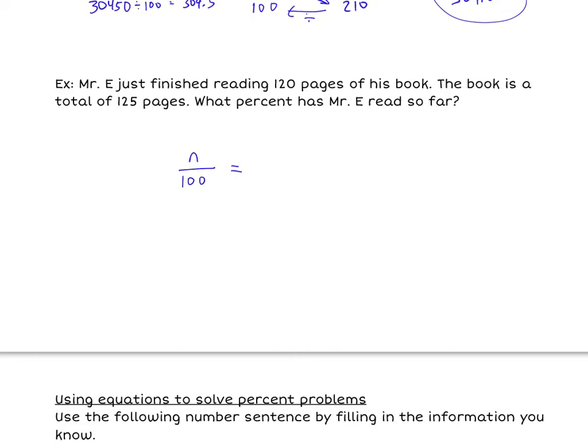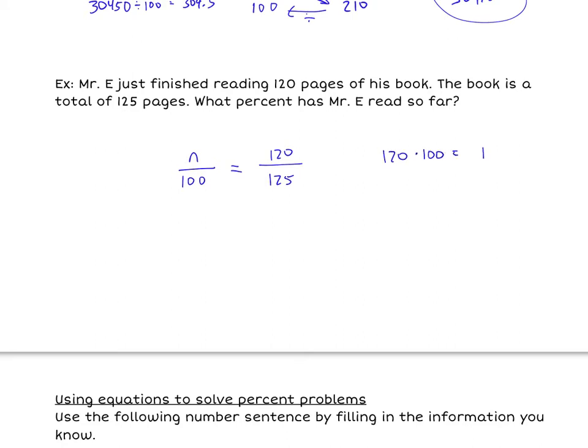All right. So what's the part and what's the whole? The whole book would be how many pages? 125. So that goes on the bottom. The part that I've read is 120. That goes on top. So you're still going to do 120 times 100.